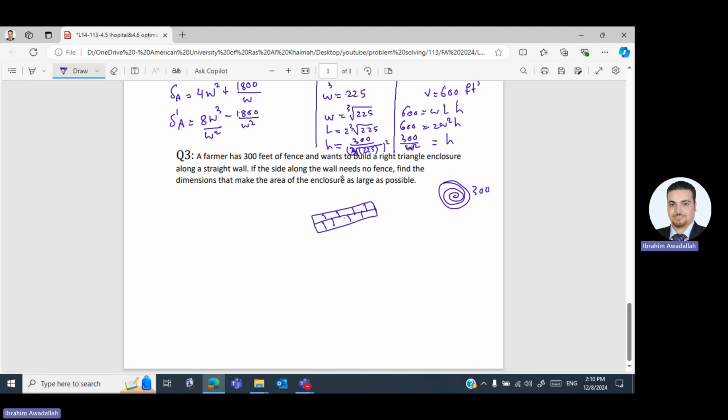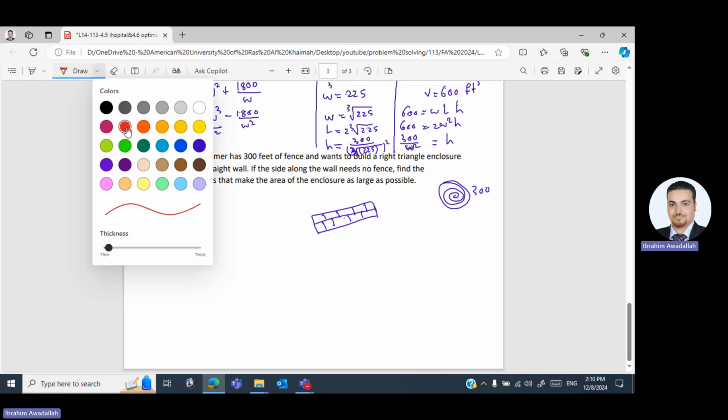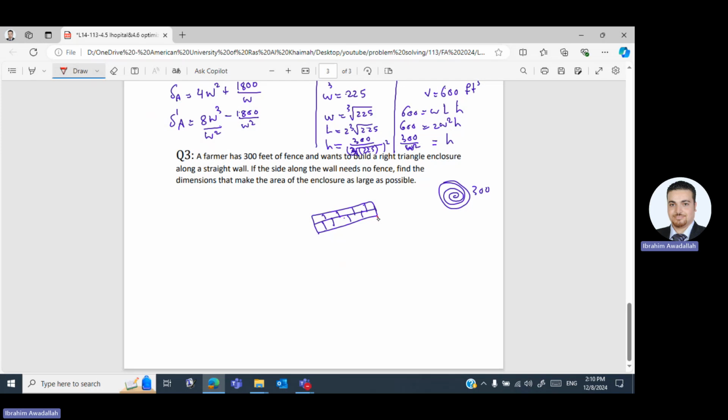If the side along the wall needs no fence, so the fence will be only two sides, and this should be a right triangle. So maybe I can do it like this to have the right triangle here, or I can do it like this, where the right triangle is here.